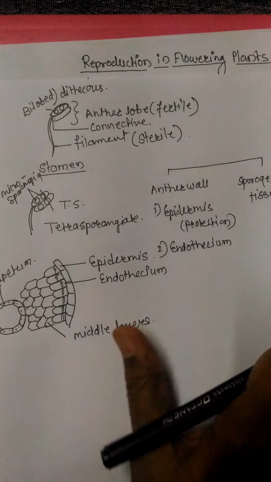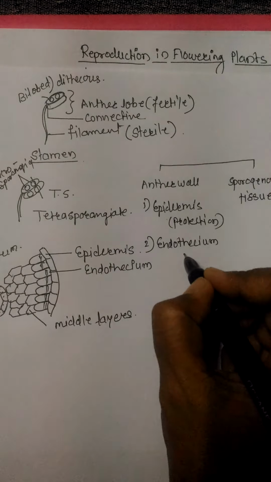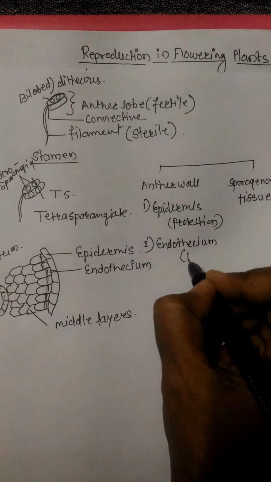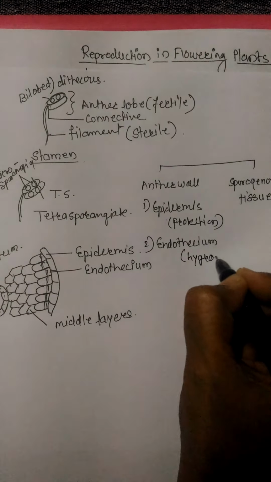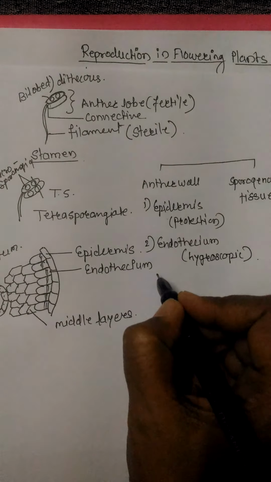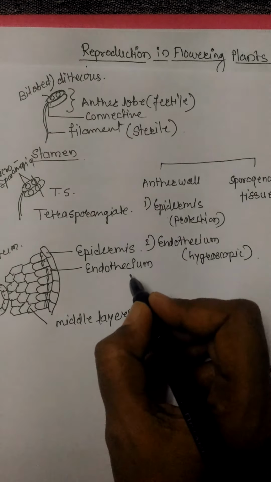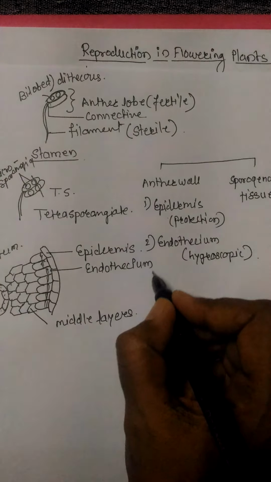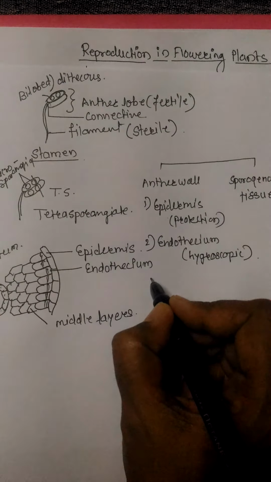This endothecium is hygroscopic in nature and helps the dehiscence of pollen grain with a fibrous banding. That is presence of fibrous banding in endothecium layer.